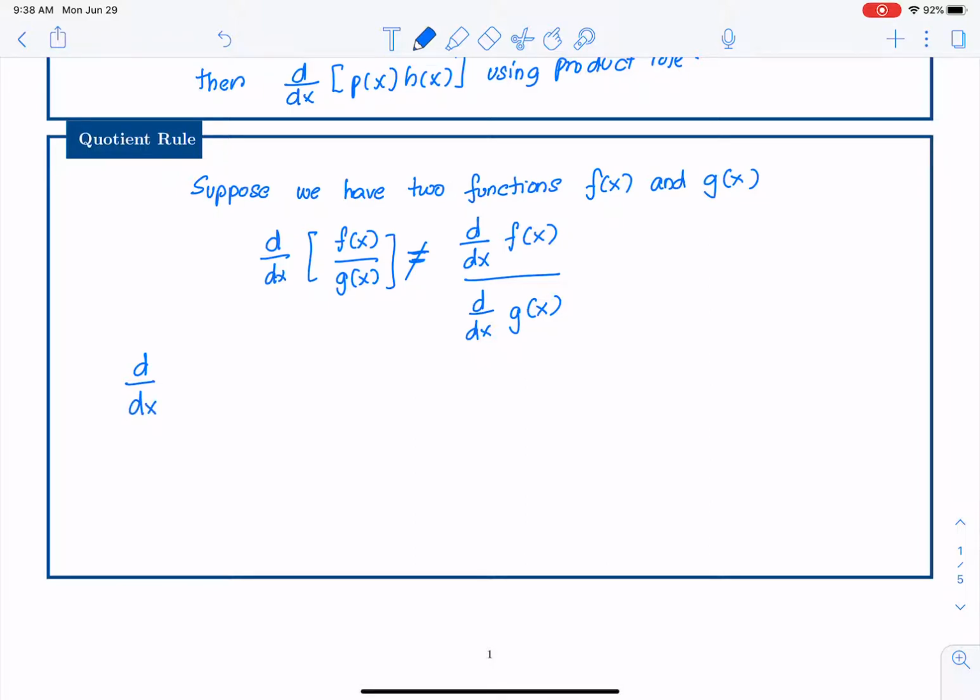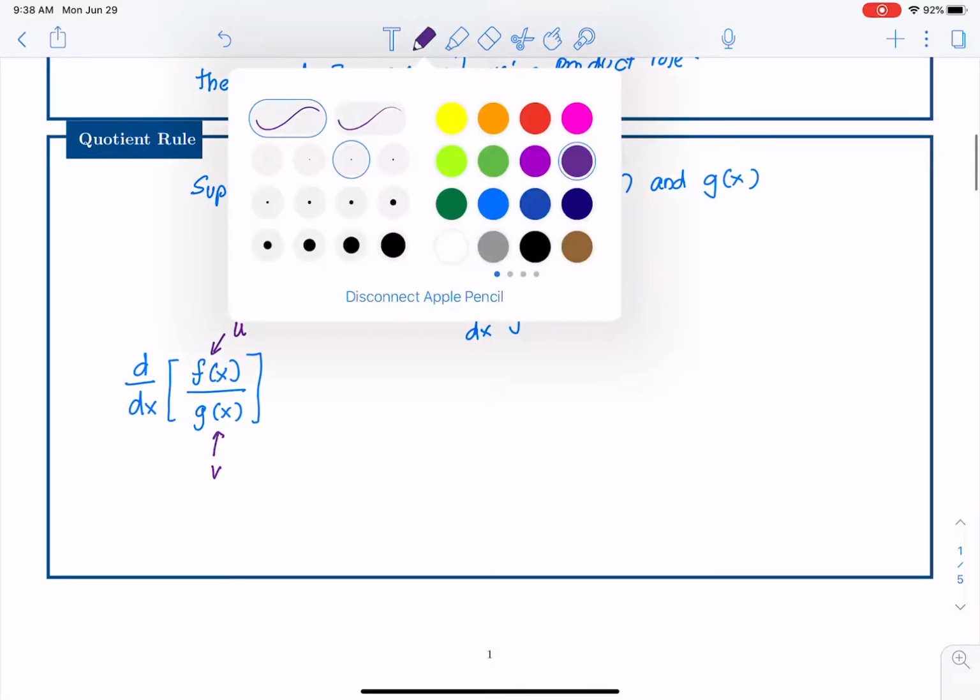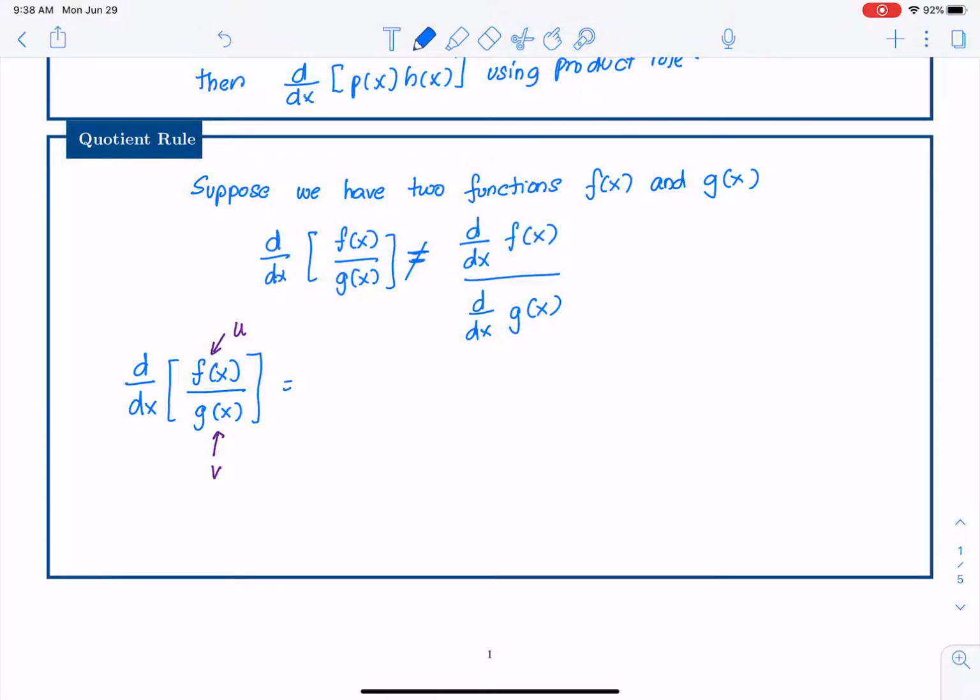So once again, I like to use a simple notation. Call the numerator function u, denominator function v. So the derivative would simply equal v u prime minus u v prime divided by v squared. That's v.